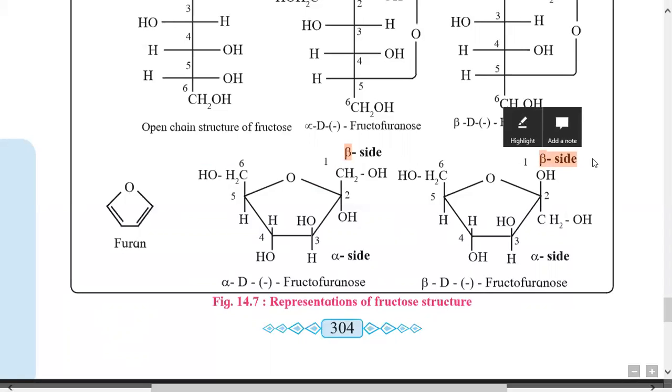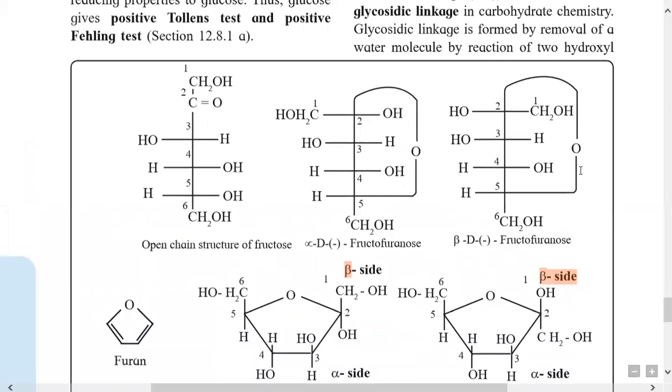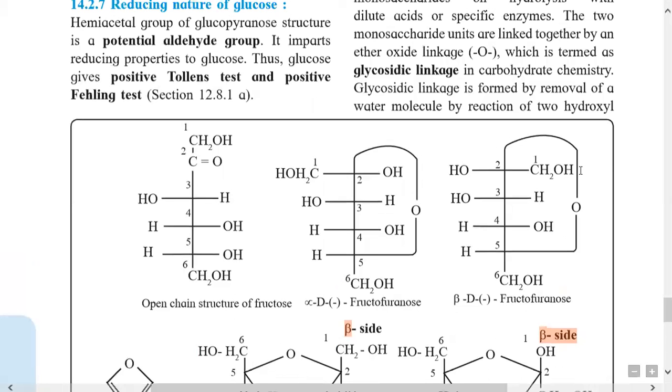Then the remaining groups are the same as in the alpha anomer, and this is called beta D negative fructofuranose. So this closed chain structure of fructose is called the Haworth projection formula, and it is drawn from the structure called the Fischer projection formula.